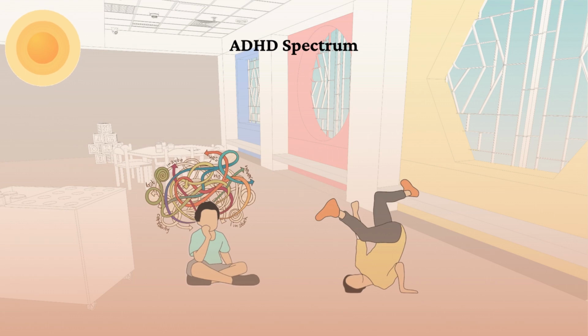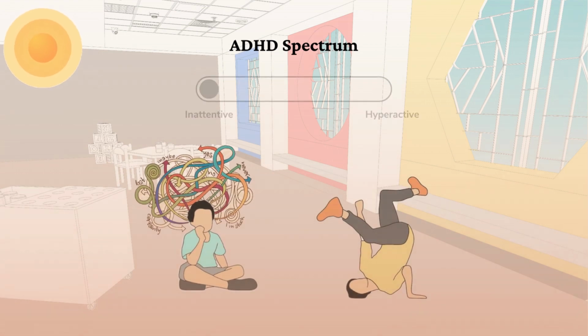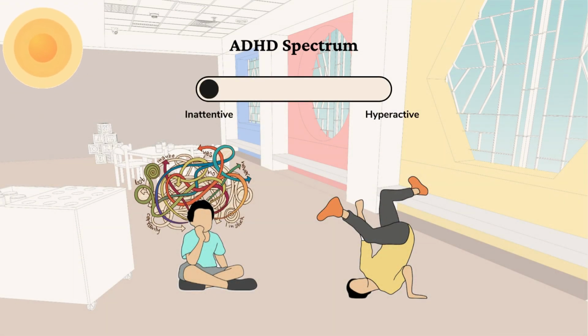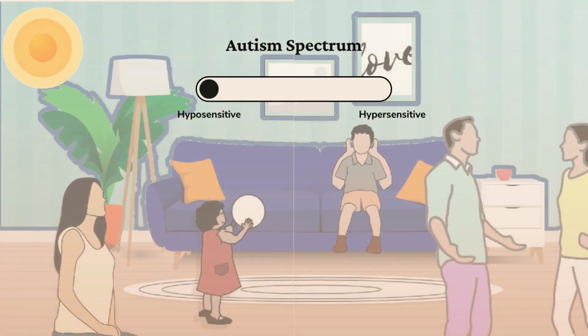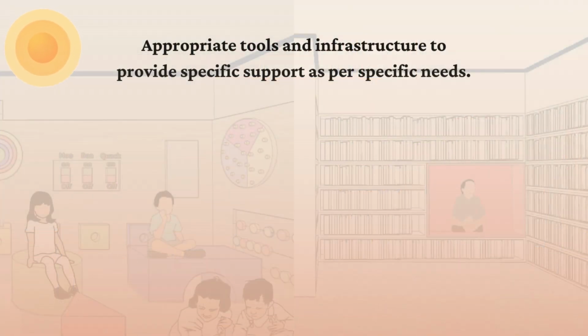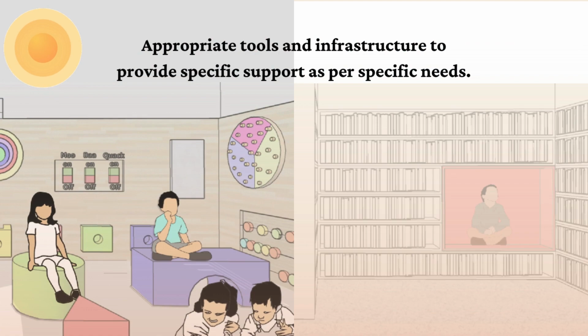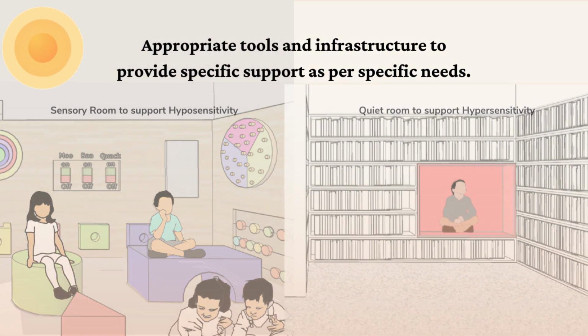While in ADHD, the spectrum may vary from inattentive to hyperactive. In autism, it may vary from hyposensitive to hypersensitive. Appropriate tools and infrastructure to provide specific support as per specific needs becomes a crucial necessity.